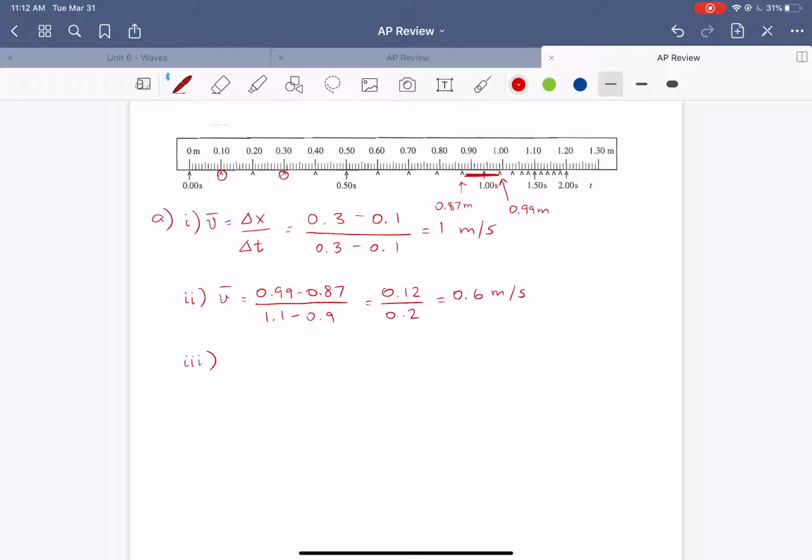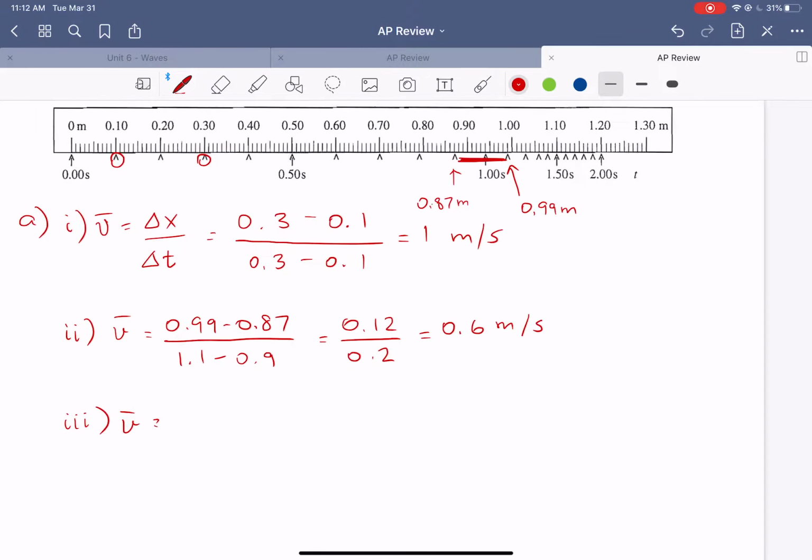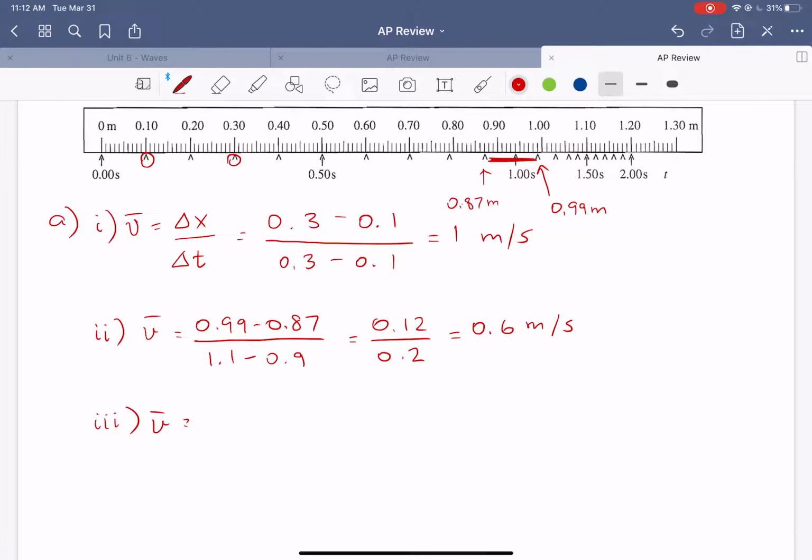And then in part 3, we are looking at 1.7 to 1.9. So for this one, we have to look a little more carefully here. So we're looking at this interval right here. So at 1.7 seconds, it looks like we are at 1.14 meters. And at 1.9 seconds, it looks like we are at 1.18.